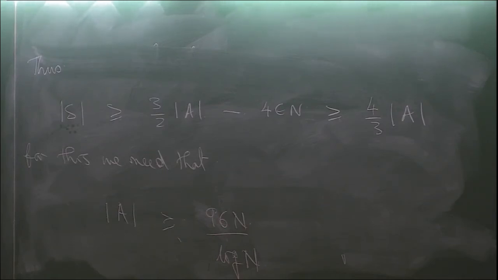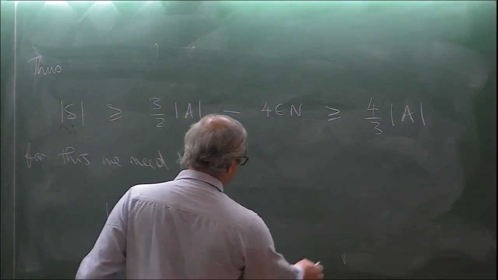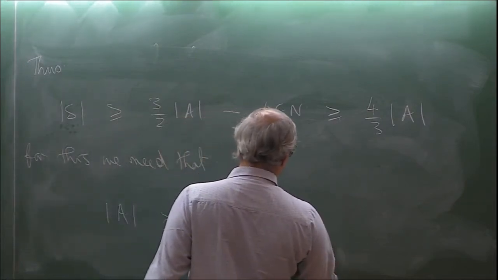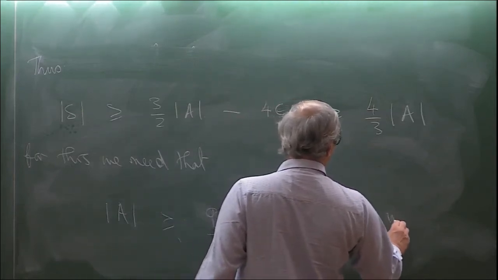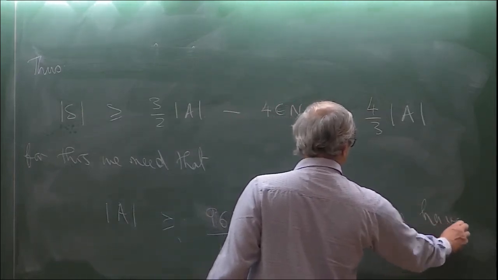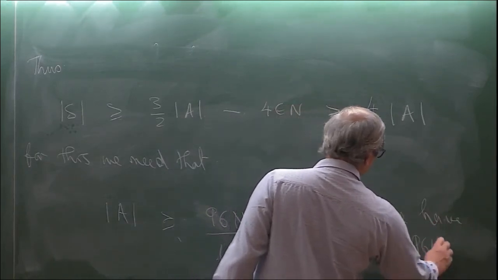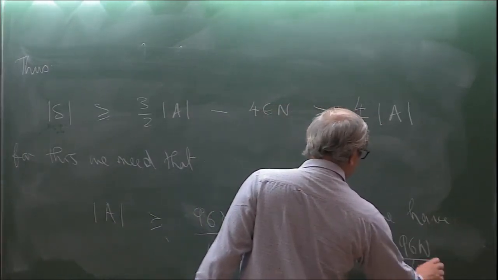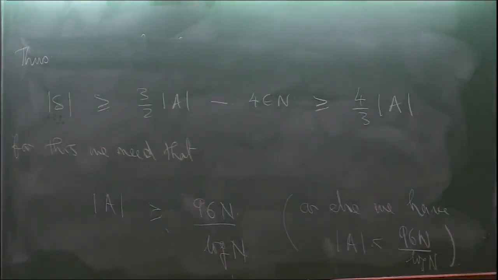So thus you have this exception, or else we have cardinality of A less than 96 n over log n, which is very good actually. But anyway, we'll incorporate this. So now we apply the Varnavides theorem to S, and we just write down the conclusion.